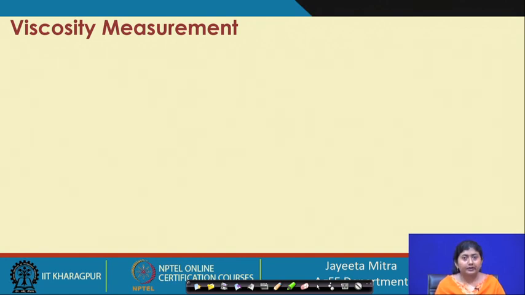A straight line is coming if it is a Newtonian fluid, and that straight line will pass through the origin, and if it is a power law model, we take ln of both sides and try to get a straight line. From that we can get the apparent viscosity.